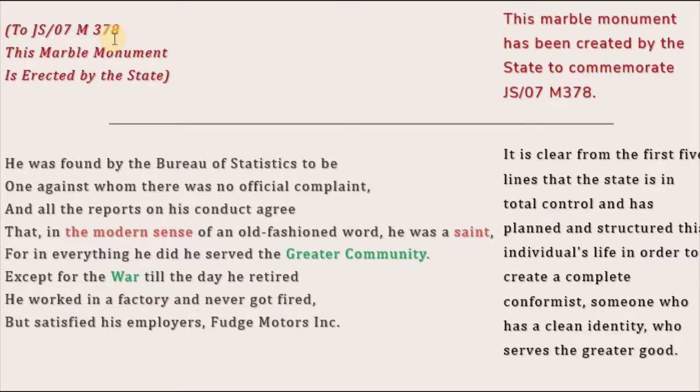What is this JS? It's maybe just a kind of classification for citizens. So this is a hint to what kind of economic and political systems the modern world has come to: systems which deal with people not like individuals who have a unique entity or personality.